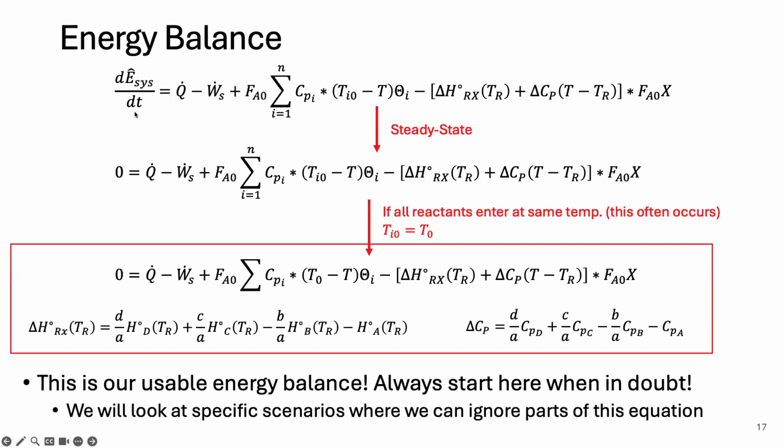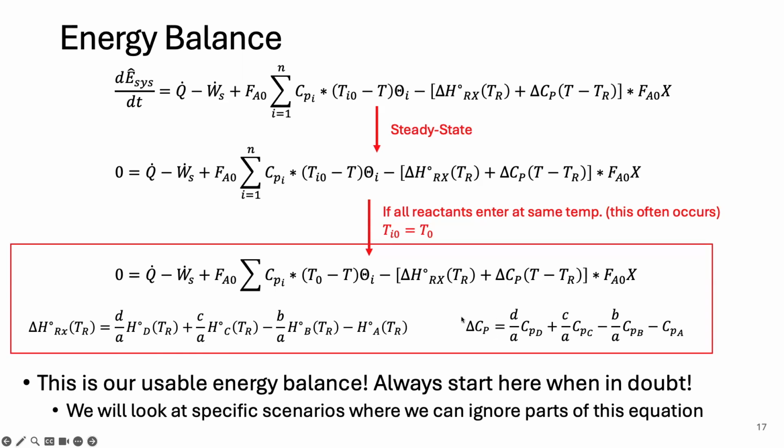So then returning to our overall energy balance with some of the substitutions that we've made, if we again assume steady state, we have no accumulation term. If we assume that all of our reactants enter at the same temperature, that is Ti0 is equal to just T0, as would commonly be the case if they're coming in the same feed stream, we can rewrite that as follows, where our heat of reaction is calculated by accounting for the stoichiometries and the heats of formation of our products and reactants.